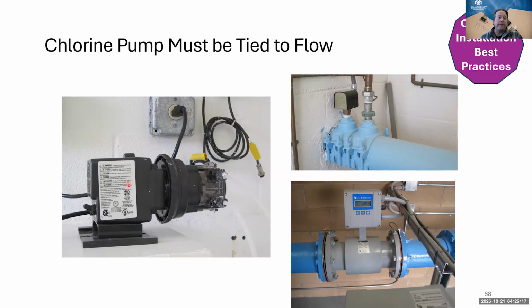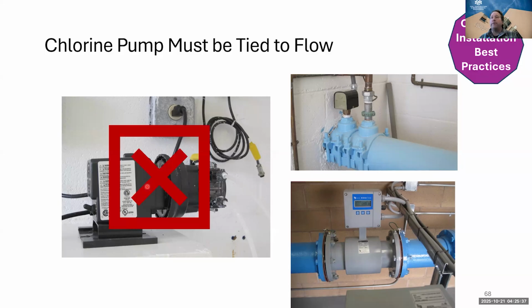But we do have limited situations where the well pump energizes, but it won't come on, and so we don't have flow. The chlorine pump's pumping away, but it's not pumping into anything that's flowing. And so you're getting a big slug of chlorine going into your plumbing tree at once. We really don't like it tied to an electric circuit.